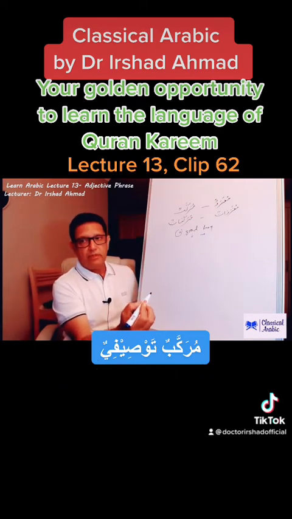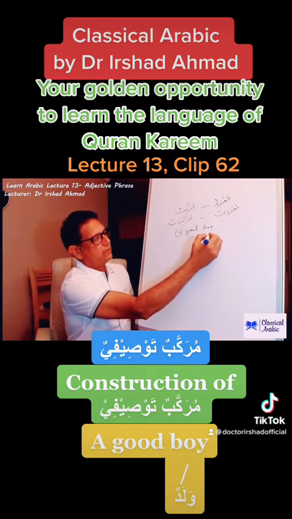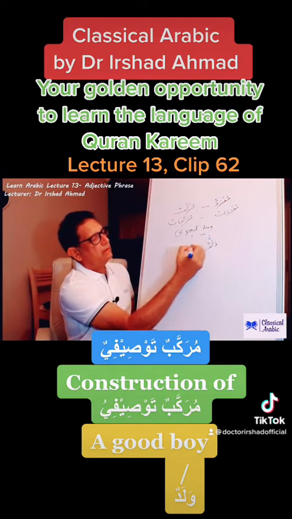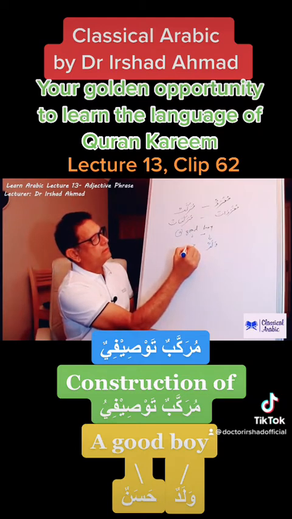That's the second point. The third point is how we translate this, for which we need vocabulary. Boy, we know it's waladun, a boy, and good is hasanun.